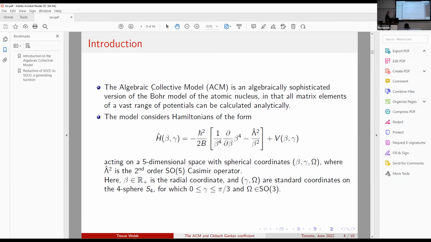And gamma and omega are standard coordinates on the 4-sphere, S4. Gamma is in that range, and omega is an element of the rotation group in 3 dimensions. So in effect, there are 3 parameters hidden in there. That's why this is a 4-sphere.